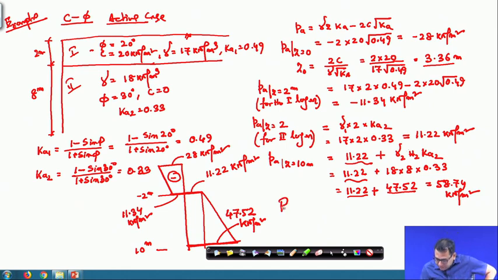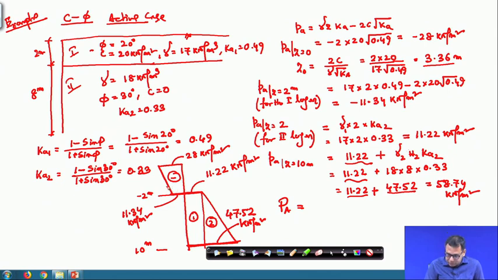So, finally, the PA value, I am calculating here. So, as I mentioned, when you calculate the PA value, we will not consider the negative one. So, I will consider only the positive one. Now, as I mentioned, here also, if it is mentioned that you draw the earth pressure before the tension crack is developed, then this will be the earth pressure. Okay. And if you have to calculate the force, then you have to consider the negative one.